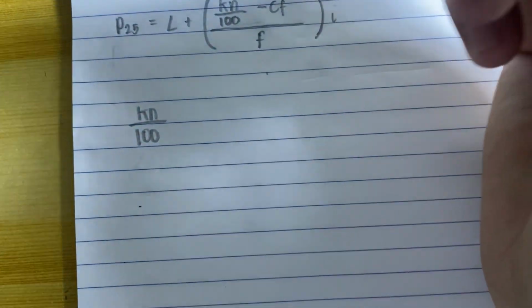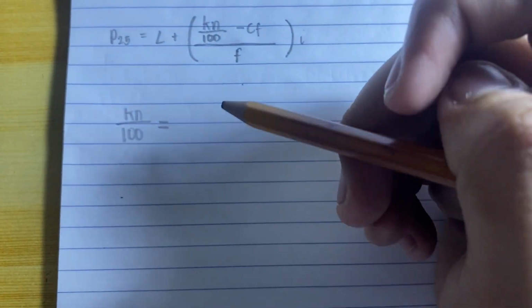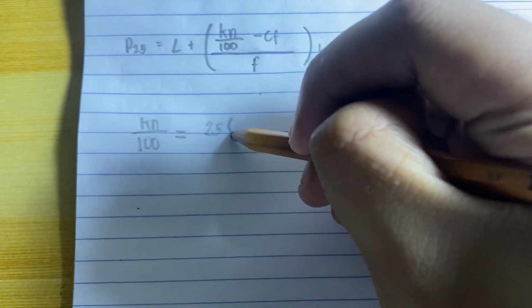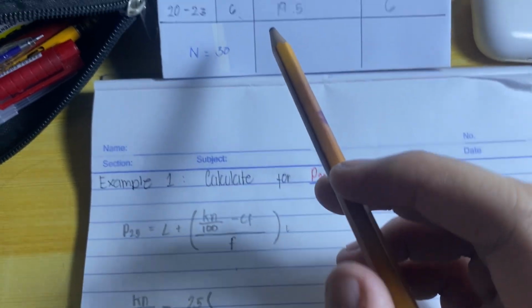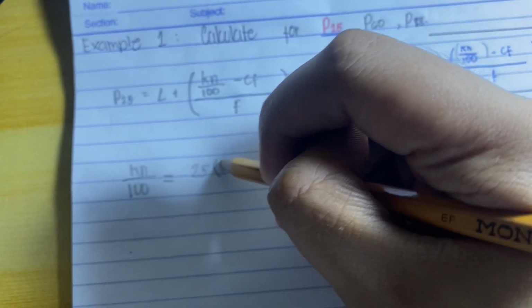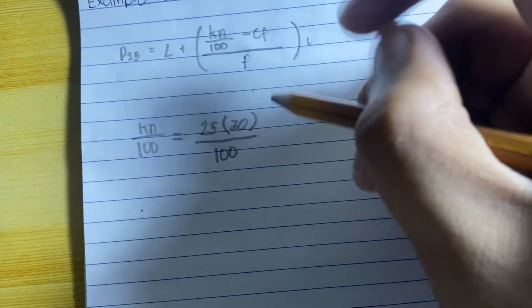Kn over 100. So, bakit nga ba 100 na? Bakit 100 yung pan-divide? Since ang usapan dito is percentile. Kaya, ang gagamitin na natin is 100. So, ganito natin siya i-write down. Gagamitin na natin yung percentile, which is 25 times kung ano yung given dito, which is 30, and divided by 100.